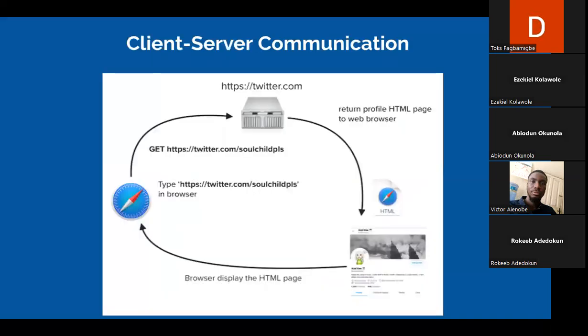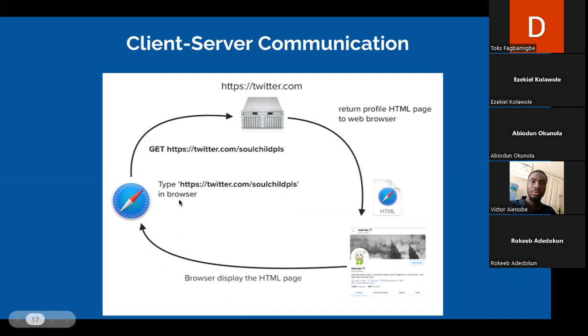Okay. So basically, what I'm trying to explain here is how the web page comes in. There are a lot of things going on here, but we're just trying to explain the client and server communication scenario. Our client is the browser.